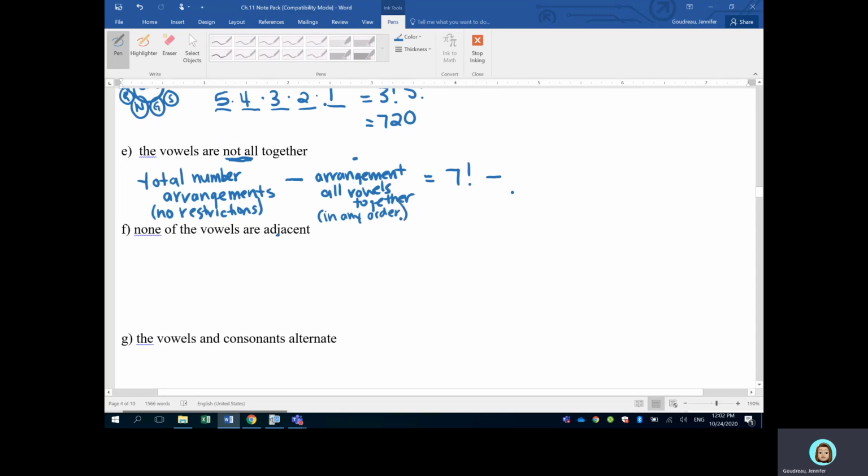Well, that's exactly what we found in part D. So I'm going to subtract 720, which was our answer from part D. Part D was the number of arrangements with all of the vowels together in any order. So 7 factorial minus 720.